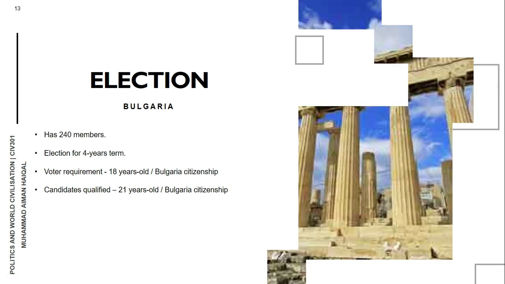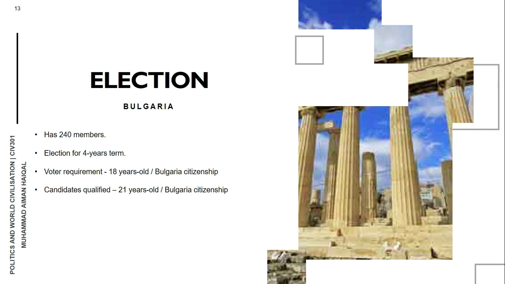Now we will go to the election in Bulgaria. In Bulgaria, 240 members of parliament are elected for a 4-year term under a proportional system with a single preference option in 31 multi-member constituencies.